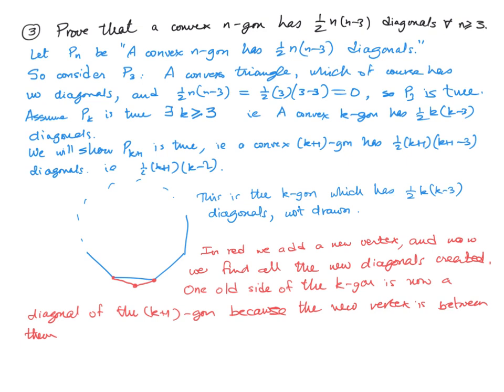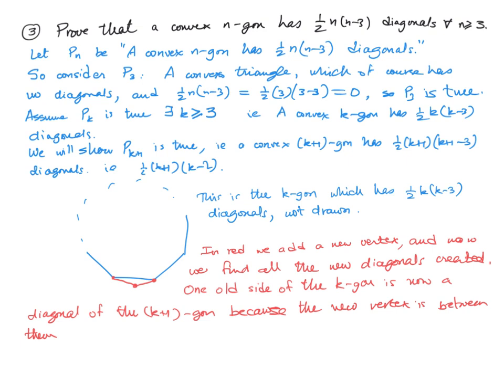And then this new vertex now will connect to all of the previous old vertices except for this one and this one. So it will connect to that one and that one and that one and that one. And those are all new diagonals because this vertex did not exist before. So how many new diagonals will I create? Well, I will not connect to this one, and I will not connect to this one, but all the other vertices I will connect to.